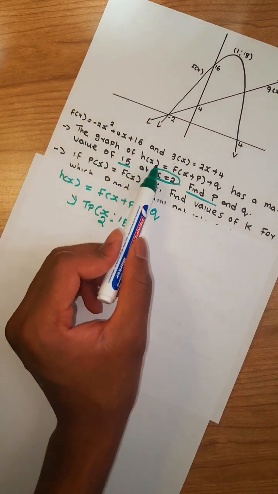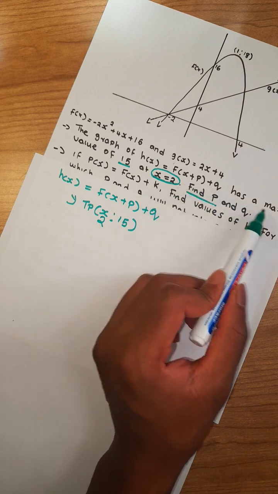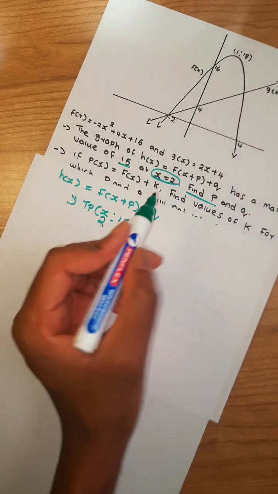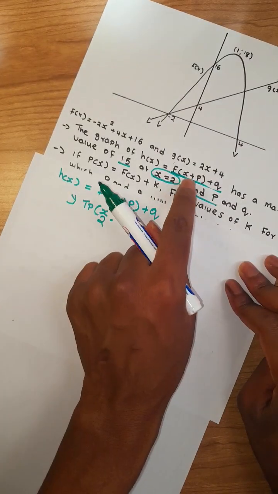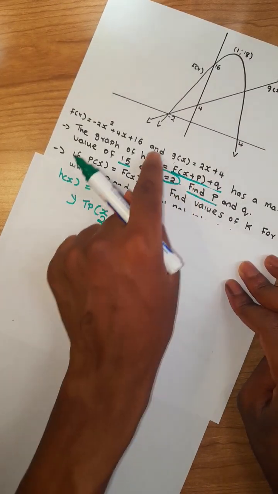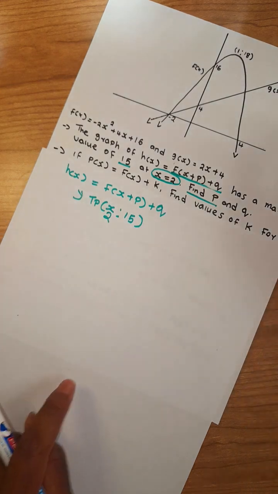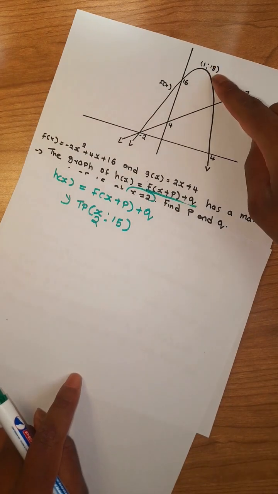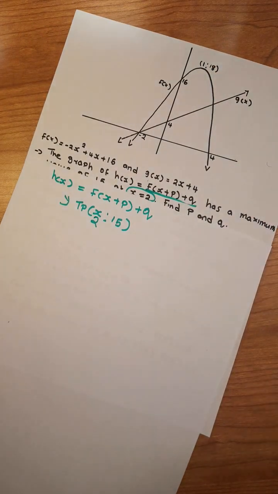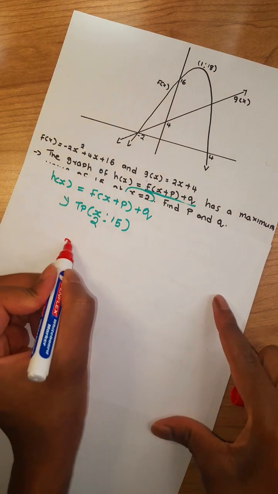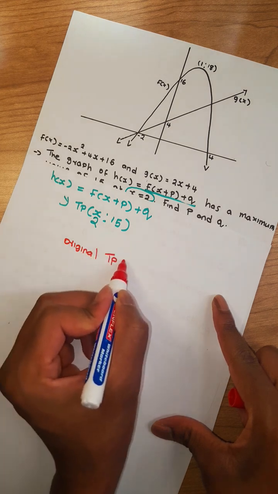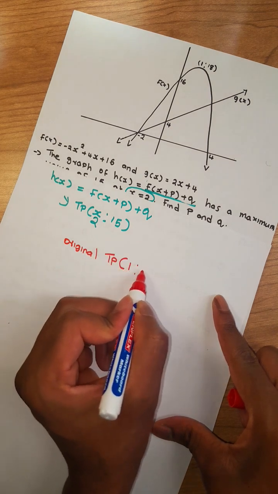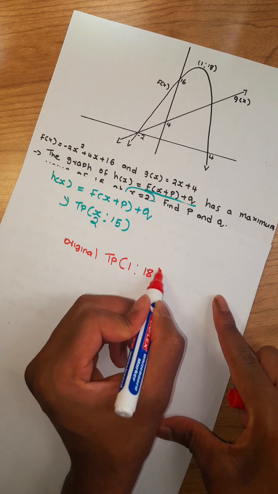They said the graph of h at x, f at x plus p, plus q. So this one, it is actually shifted. Can you see it? This graph has been shifted. So let's just look at these turning points that we have. The original turning point, it is going to be 1 and 18.